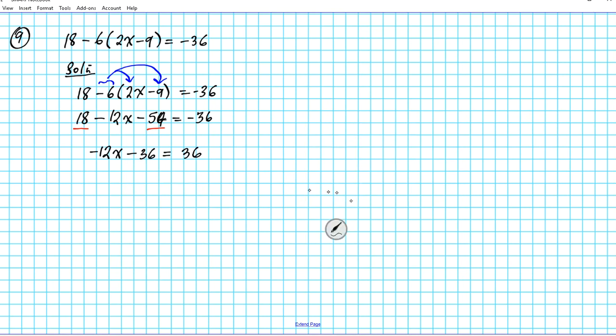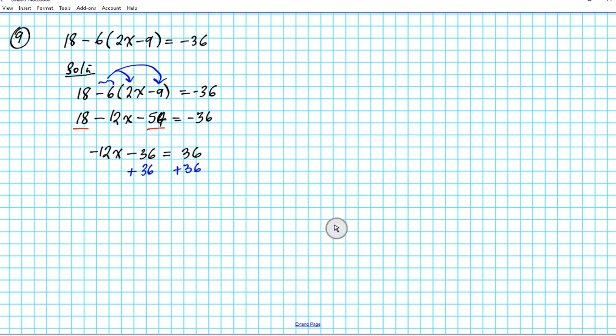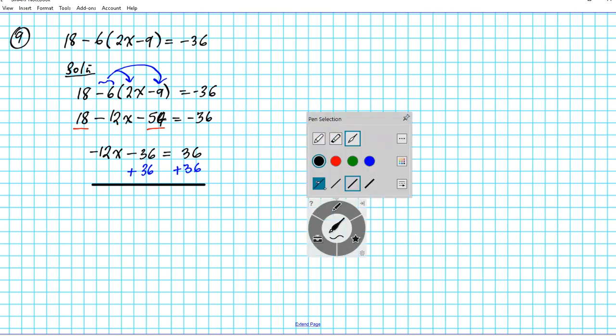Now to get x isolated, we're going to add 36 to both sides of our equation, and then divide by negative 12. Let's get started. We add 36 to both sides of the equation, and that gives us negative 12x is equal to negative 36 plus 36, which is 0.